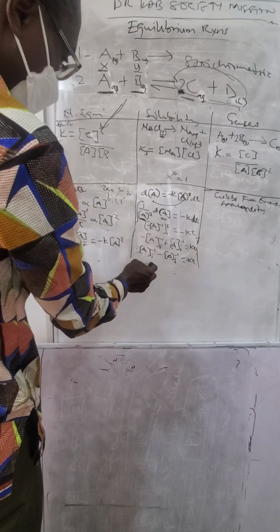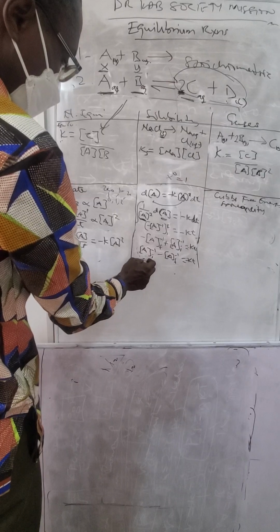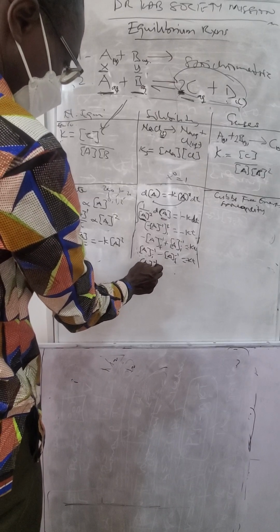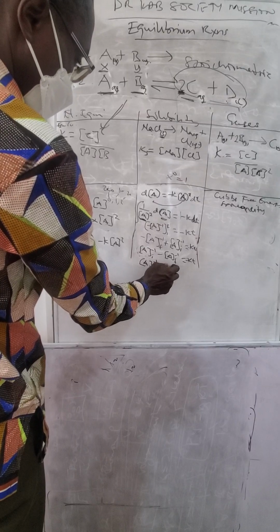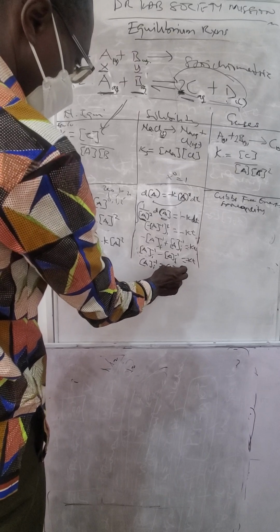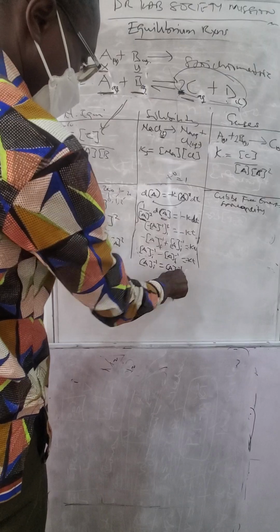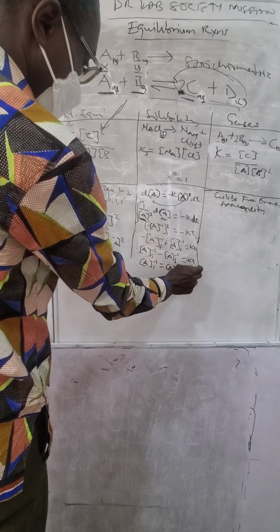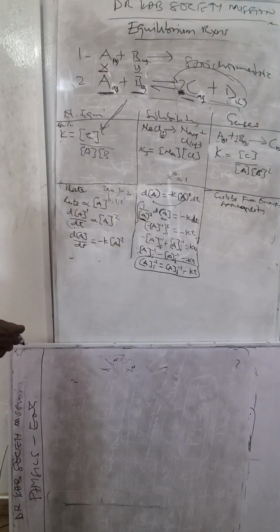You can send this one there. Okay, you're going to get what? It's equal to, sorry, minus kt. Okay, you can rearrange it like that, and that becomes the final equation.